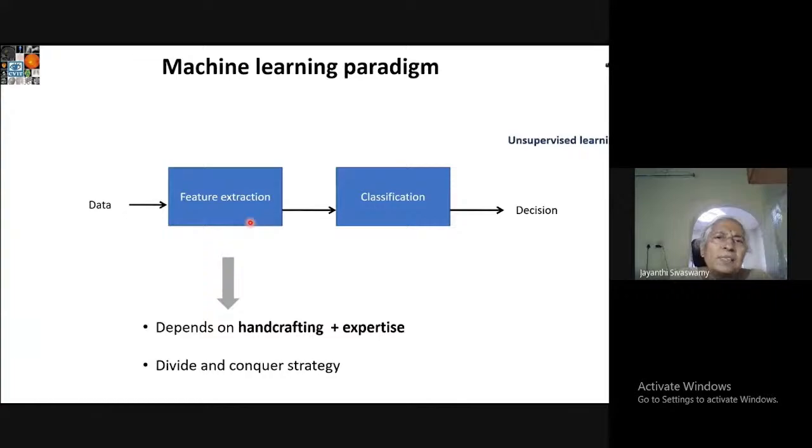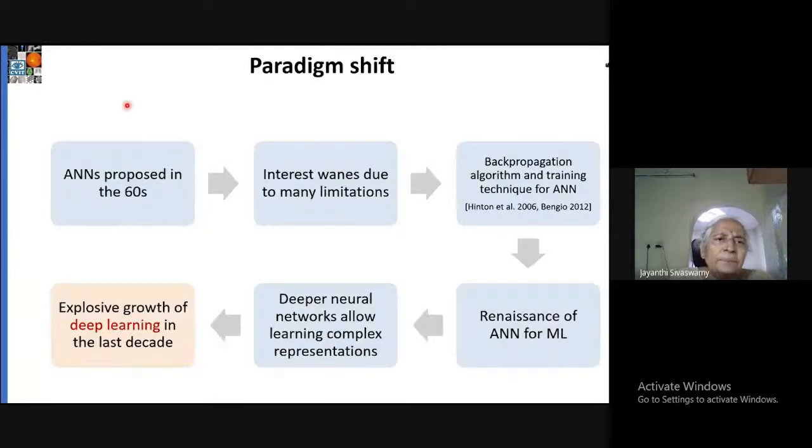Now there is a huge paradigm shift post-2000. So what is this paradigm shift? Let us look at it. Artificial neural networks were proposed in the 1960s, which is a very, very long time ago. And these were very popular, and they were looked at to do machine learning and solve tasks in speech recognition, image analysis, and so on.